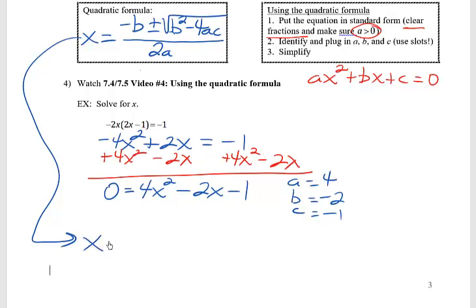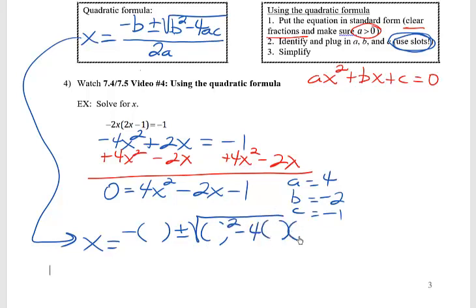There's so much going on in this formula that one way you can really help yourself is by using slots. What I mean by that is write the formula down like this each time. Negative slot for that first letter, plus or minus the square root of slot squared minus 4 slot slot, all over 2 slot.